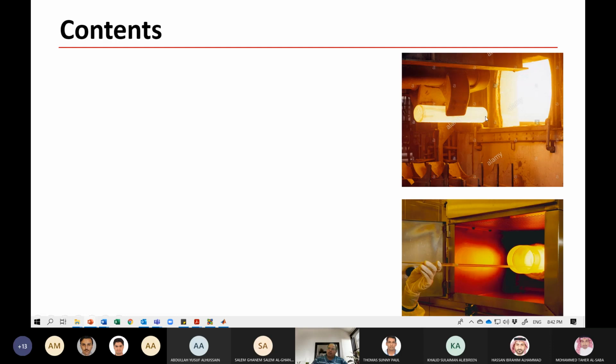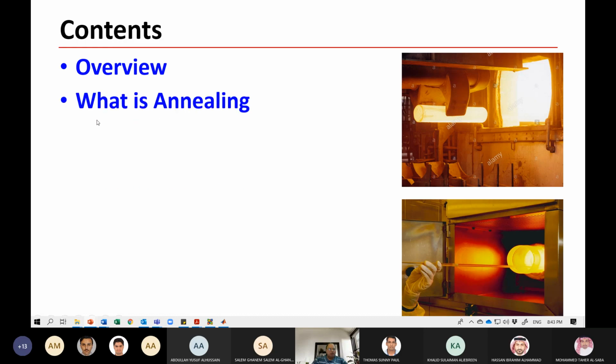You decrease the temperature in steps, and at each step you keep it until all the molecules or particles of this material are arranged or settle down, and then you decrease the temperature again, until you end up with the minimum energy stored in the particles. So this is the annealing process overview.